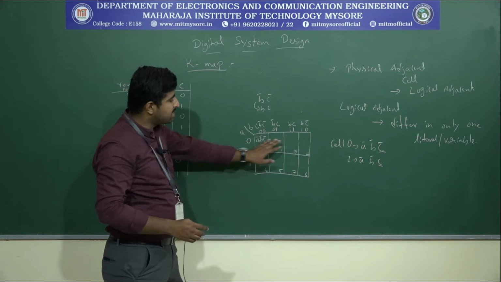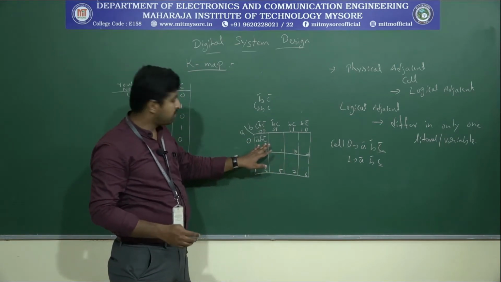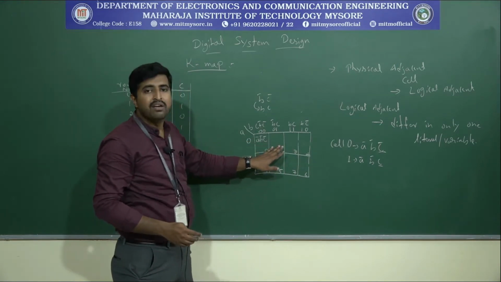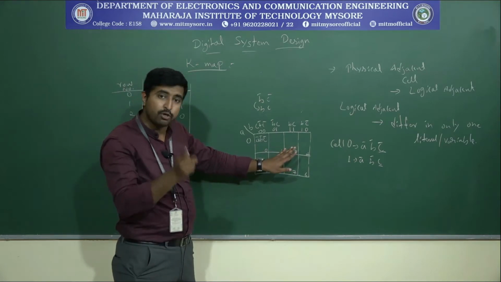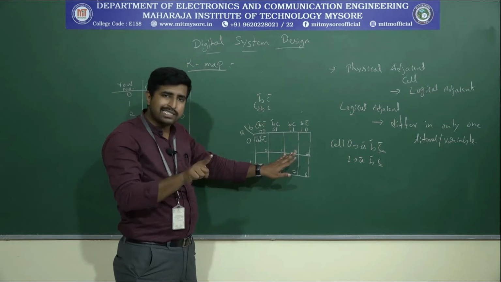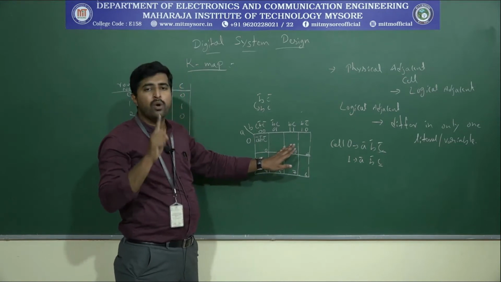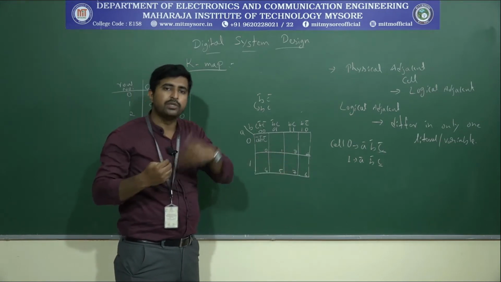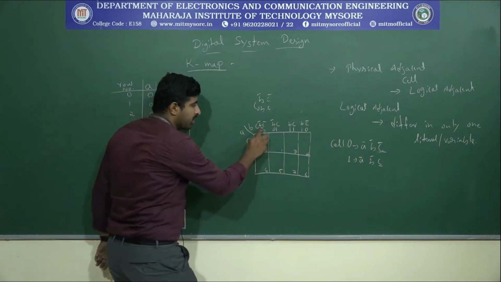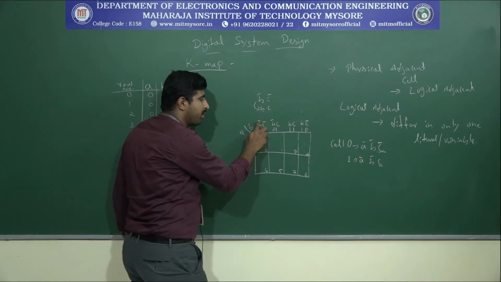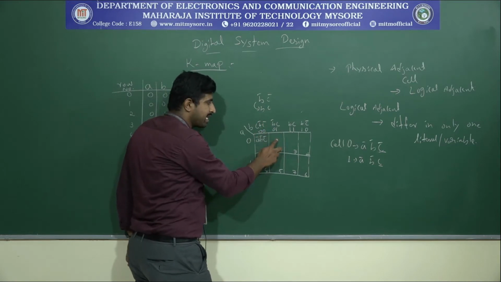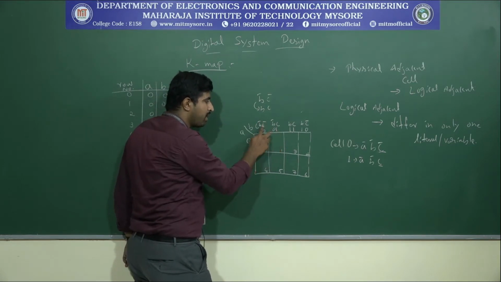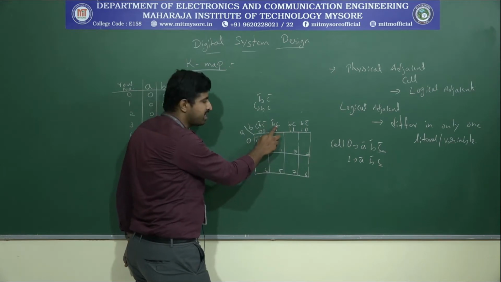Okay. So always in a K-map the cell values should be physically adjacent. Physically adjacent should mean logically adjacent. Logically adjacent means there should be a difference of only one literal from one cell to another. If you see this cell, it corresponds to B bar C bar. This cell corresponds to B bar C. Only one variable has changed.